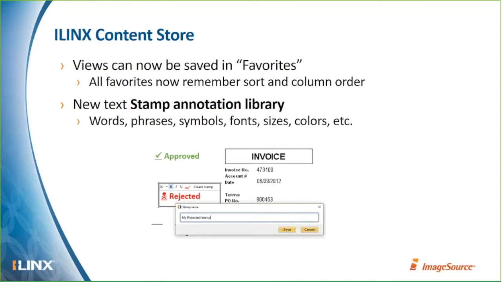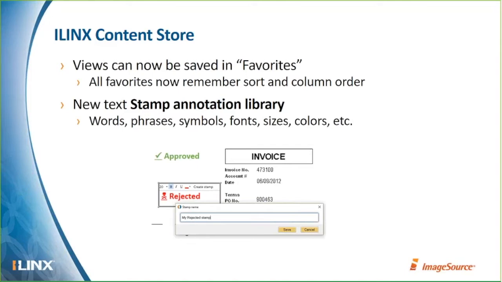Very cool feature, we've added stamp annotation library capabilities to Content Store. So this allows me to create my own library, and you can see in the screenshot here some symbols. So I could go into Microsoft Word or wherever and create some really cool looking stamp annotations, and then save those in Content Store and apply those very, very quickly to my images.